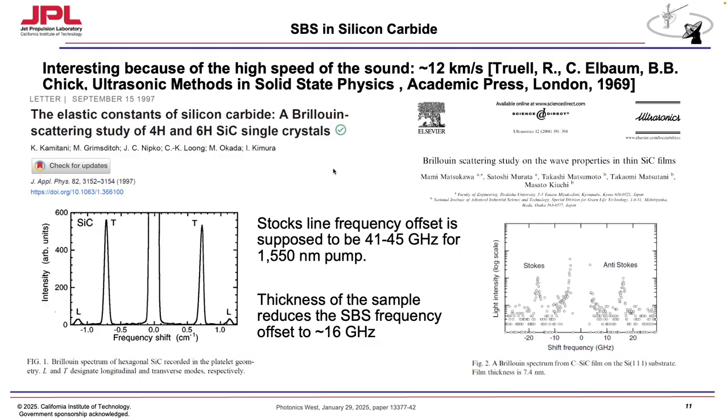And the reason to do it is multifold. One of those is related to the very high speed of sound that the material has, and because of that speed of sound, the offset of the Stokes frequency from the carrier should be extremely large.